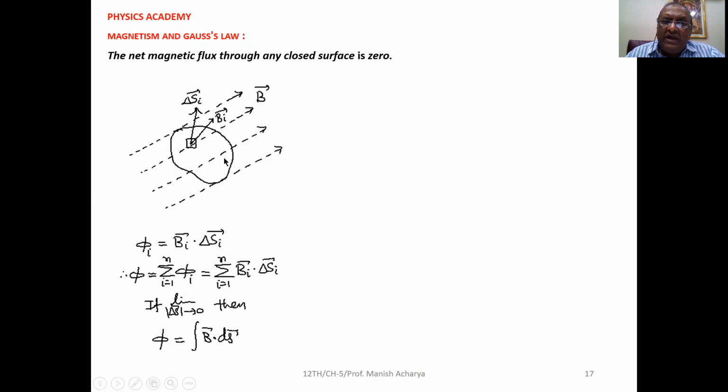So if we want to calculate the total flux passing through this closed surface, we have to divide the entire surface into so many infinitesimally small elements. Then we calculate the flux passing through each one and take the summation of all of those, which will be the algebraic summation.